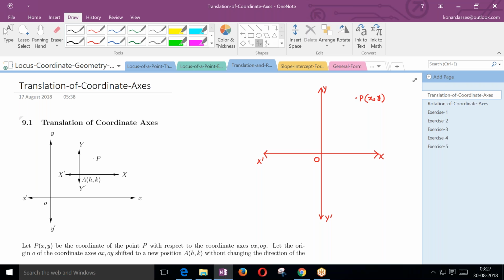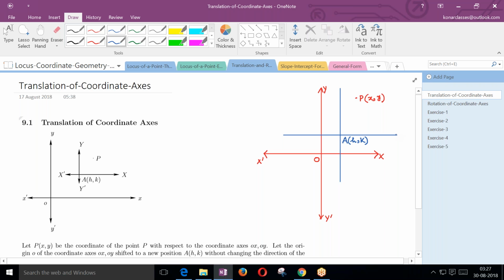This is the new coordinate axis. With respect to this, the origin O has shifted to the point, say, A, which has coordinates h comma k.